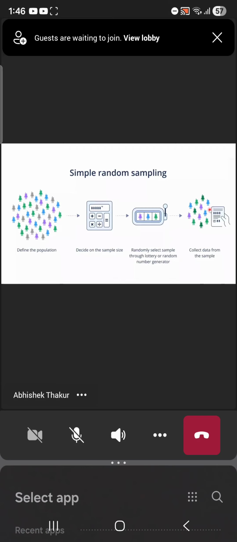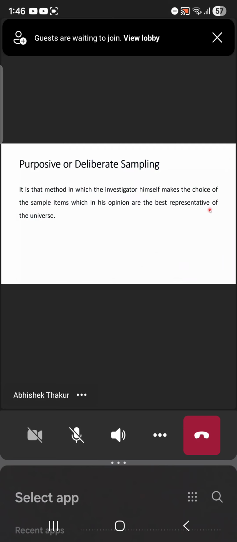Next method is purposive or deliberative sampling. It means the method in which the investigator himself makes the choice of the sample items which in his opinion are the best representative of the universe. So the researcher can choose the sample based on their knowledge or their own opinion.